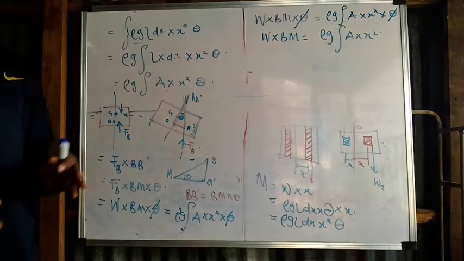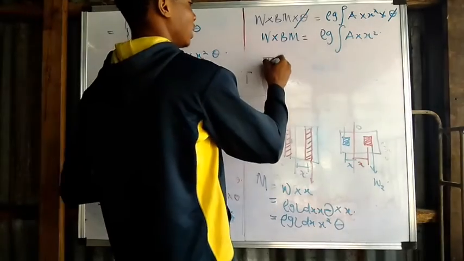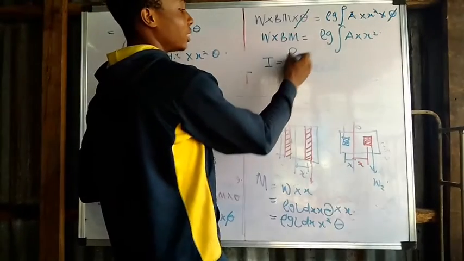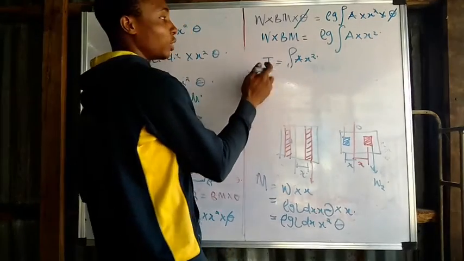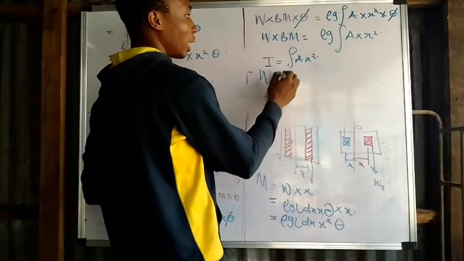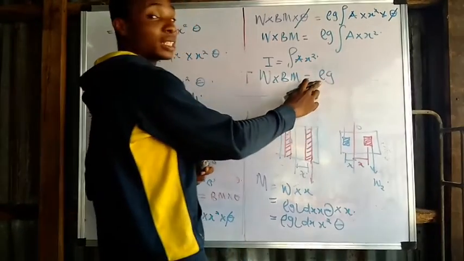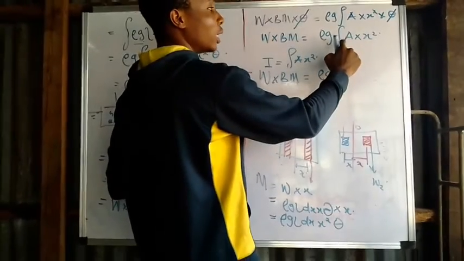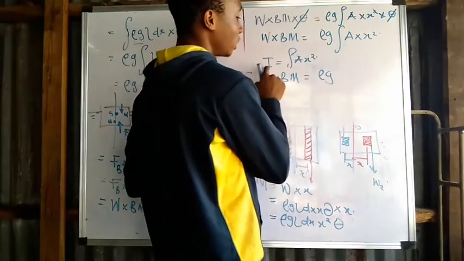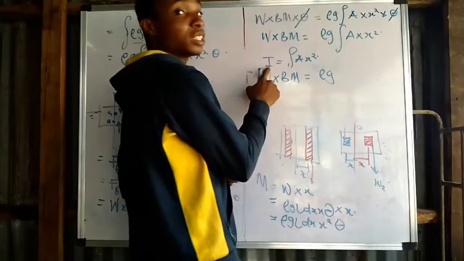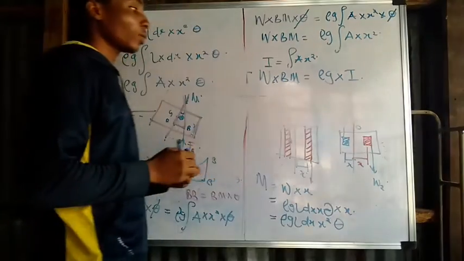We know that the second moment of area is equal to what? The moment of inertia. So since the moment of inertia is equal to the second moment of area, we are replacing this now with the moment of inertia. So we have the weight of the body times Bm, which is equal to density times acceleration due to gravity times I. Right?